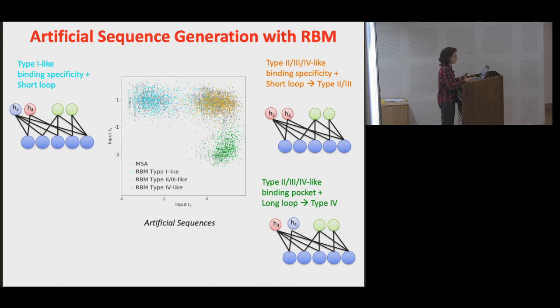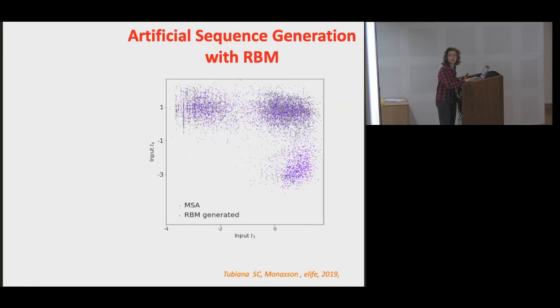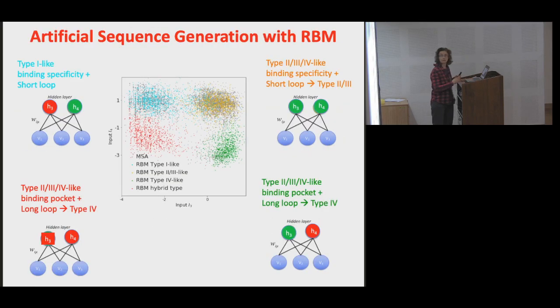And you can also fill some regions of the space which have not been sampled, for example, fixing the 2 hidden variables to a positive value. And in this case, you will obtain sequences which are here. So I think I have to stop.